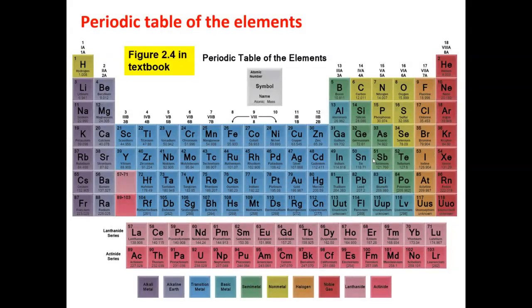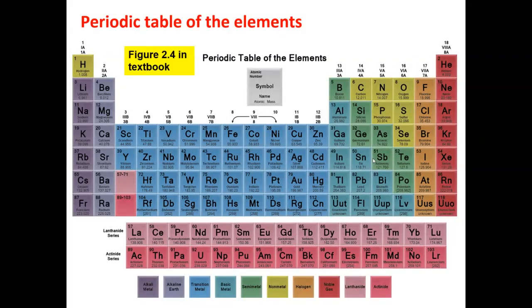Helium has 2 electrons, still just 1 electron shell, but this one has 3 electrons, so it has 2 electron shells. This one has 4, 5, 6, 7, 8, 9, 10 electrons, so 2 in the first shell, 8 in the second shell. This row has 3 electron shells. And these all have 4 electron shells, and so on.